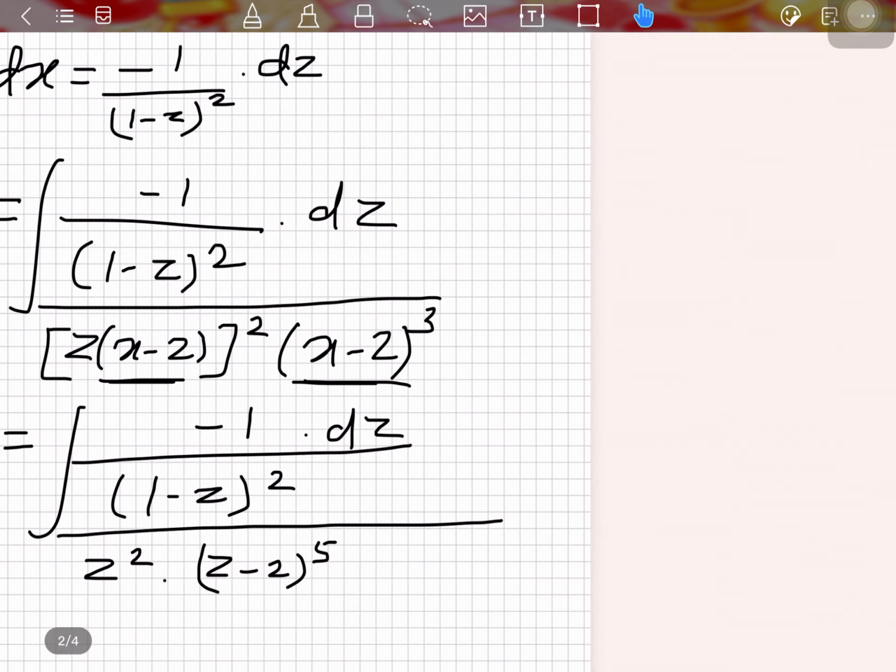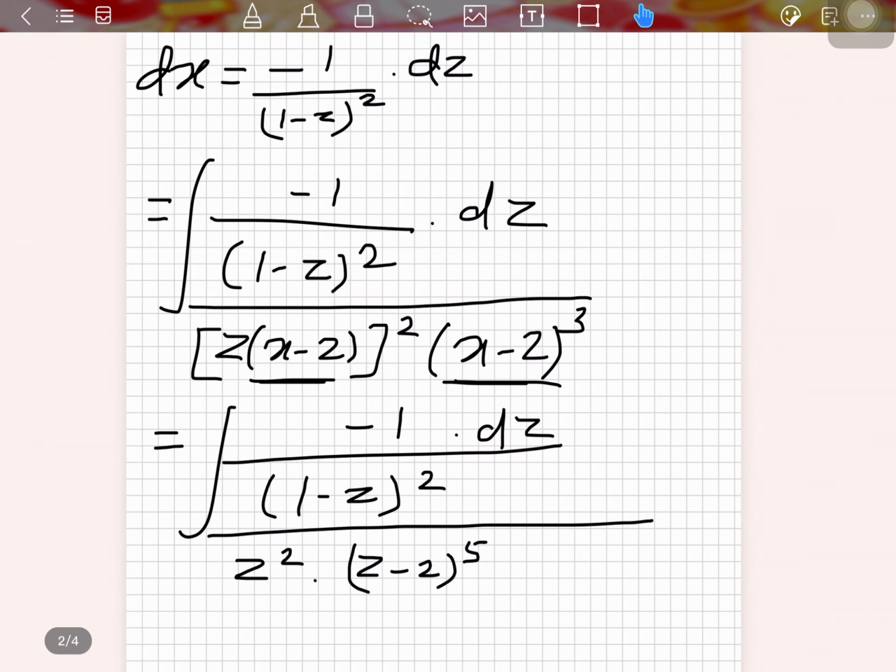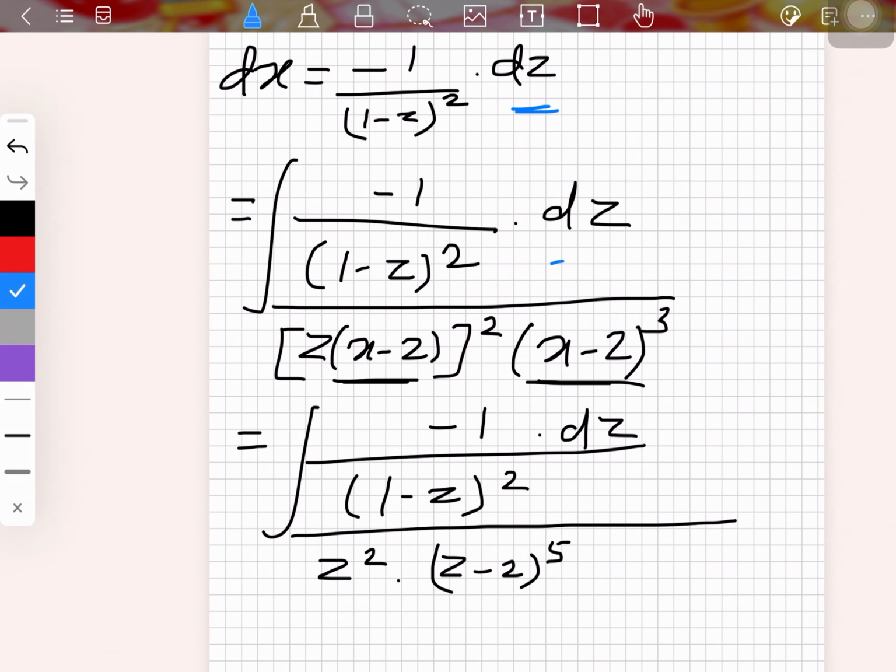So let's do that on another page. So if you are to do that, first of all, I think let's replace the value of x, and because we have z over here, it's best to change the value of x first, then later finally change the value of z as well.